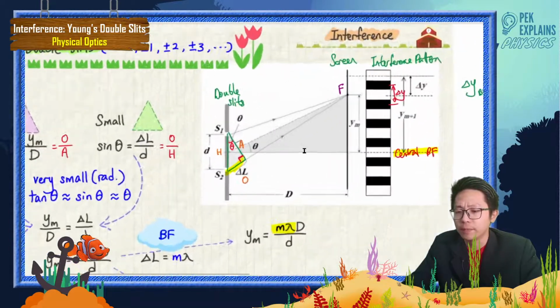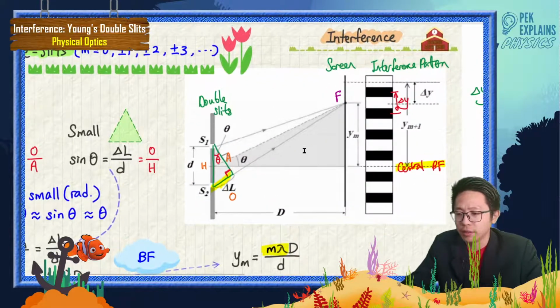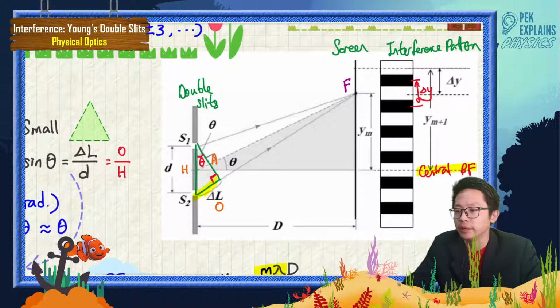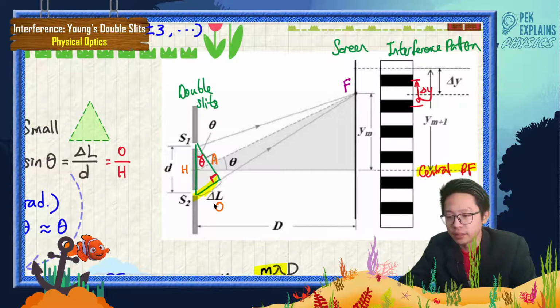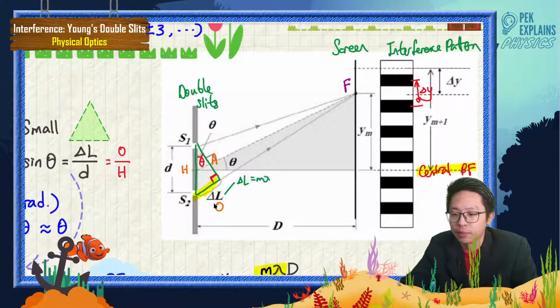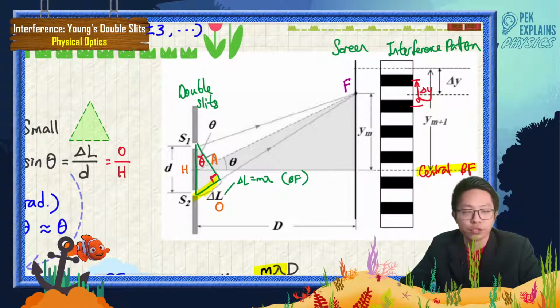What I can say is, if the delta L, the extra distance, the path difference between S1 and S2, if this delta L is equal to m lambda, you will get bright fringe on the screen.